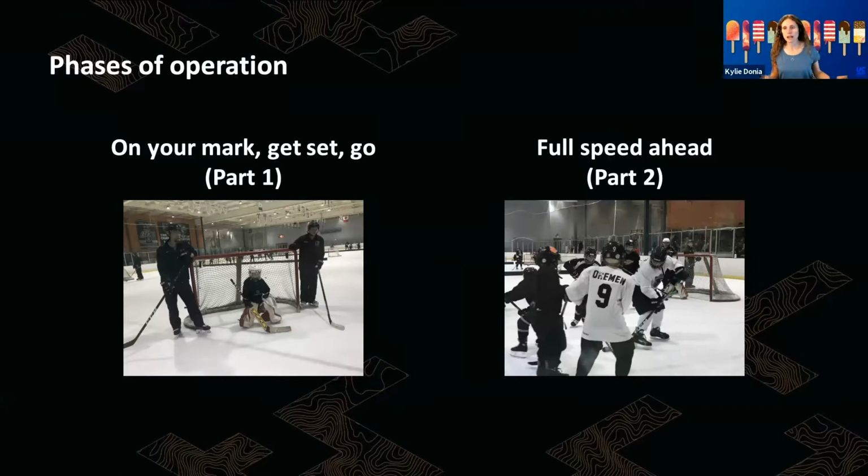There are coaches beside him. We're doing everything right. But then things get underway, right? Suddenly there's a flying puck and there's skaters everywhere and you can't see clearly. And you've got to still stay under control. So this session is going to look at that. In this second phase, when we're actually using the org and we're operating, what can we do to make sure we're doing this the best way?